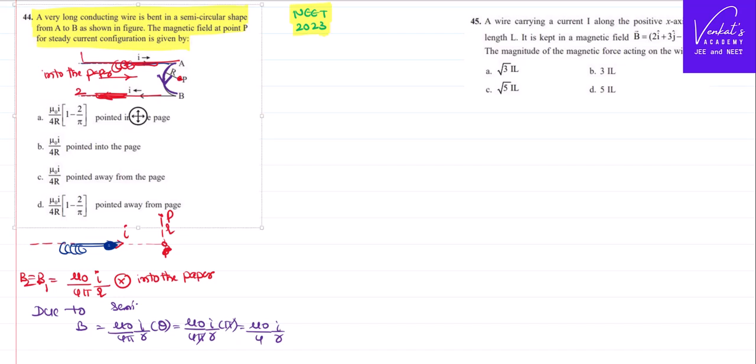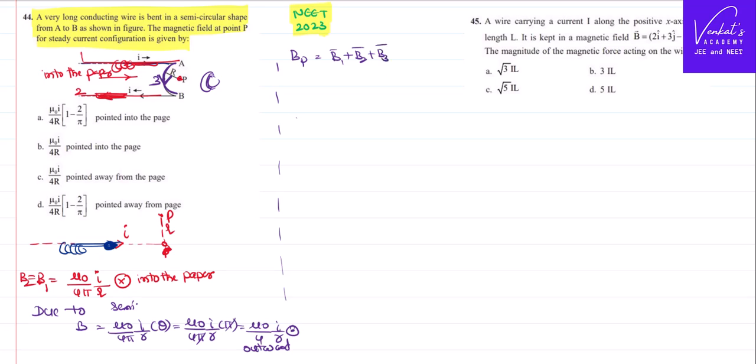Curl your fingers this way, and you can see your thumb going out of the screen, outwards. So due to this third part, it is outward. The magnetic field at the point P is the sum of all these things. You have to add all of them. So B at the point P is B1 bar plus B2 bar plus B3 bar. I mean to say the vectors.